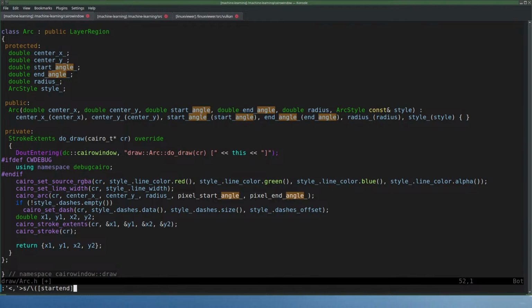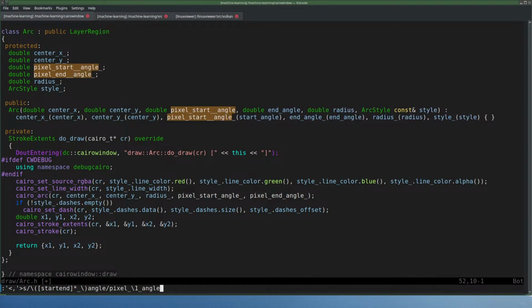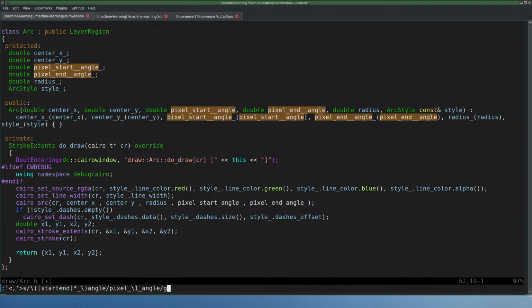Start int, underscore, oh, that seems to match, angle, with pixel. I guess it works.